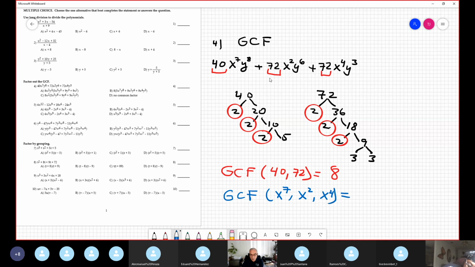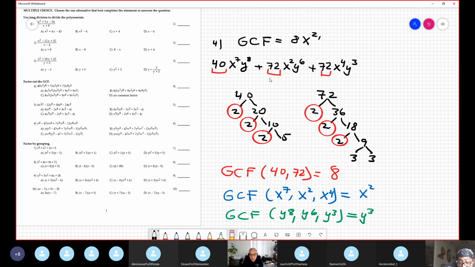As I explained before, you take the smallest one, because it's the common part. And for the y part, we have y^8, y^6, and y^3, so obviously it's y^3. Okay, entonces, professor, what is the GCF? The complete GCF is 8x^2y^3.